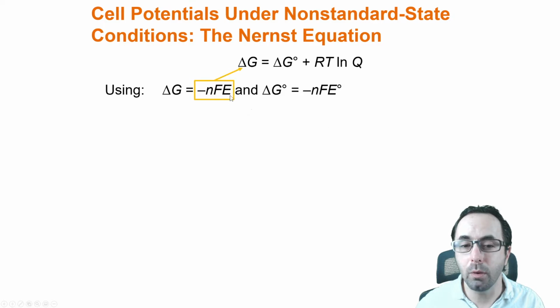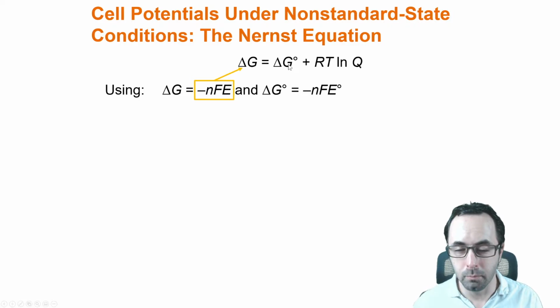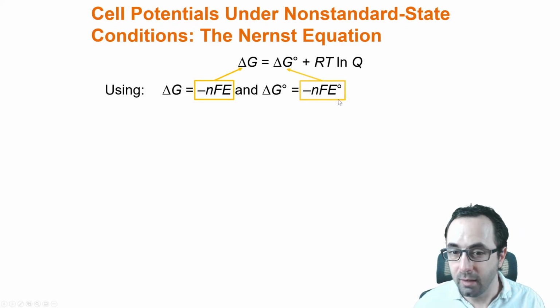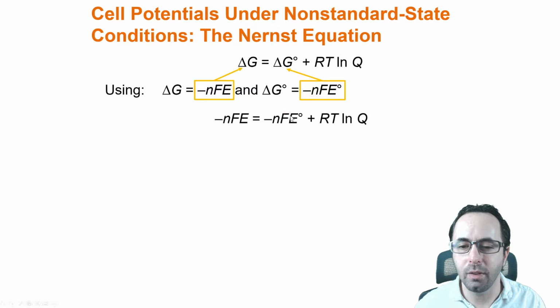So we can plug into this equation we learned in the thermodynamics chapter: for delta G we plug in minus nFE, and for delta G standard we plug in minus nFE standard. That gives us minus nFE equals minus nFE standard plus RT ln Q.